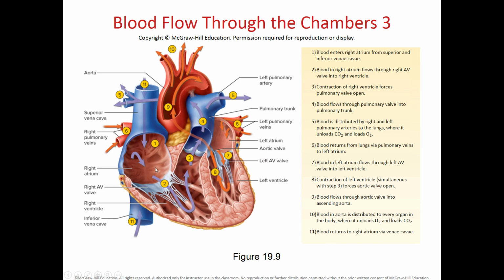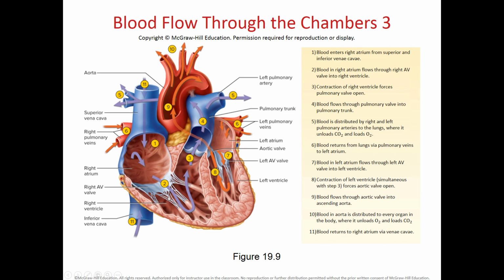Once you fill the right atrium, you increase the pressure inside the atrium, and this pressure is going to overcome the closure of the tricuspid, and then the tricuspid will open, and you start filling the right ventricle with blood.